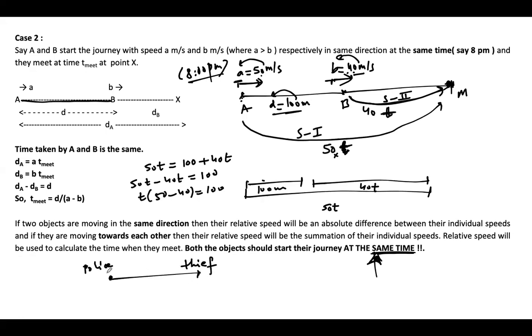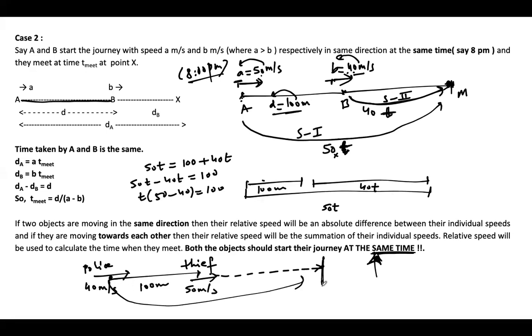The police officer is chasing the thief at a speed of, let's say, 40 meters per second, too much. The thief is traveling at a speed of 50 meters per second, and the distance between them is 100 meters. When will the police catch the thief?